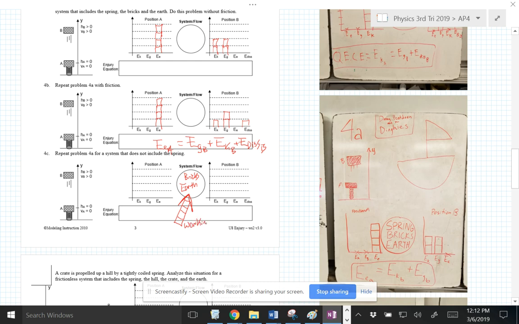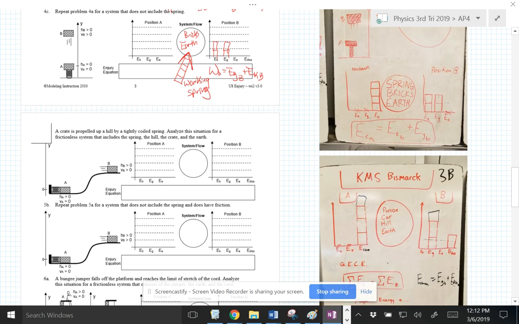Working, spring, and then that comes in, and it's 4A, so EK is 2 blocks, EG is 2 blocks. Working spring equals EG B plus EK B. All right.